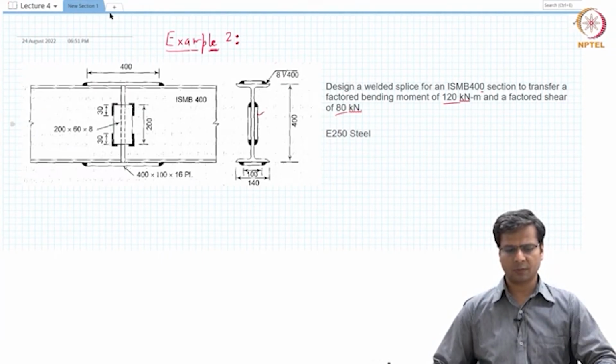We would have two plates, one on each side of the web, that will be fillet welded to the web right here. So splicing is basically where the beam is discontinuing. This is the line of discontinuity, and a splice is provided. So 4 such plates are provided, one on each flange and 2 on either side of the web. All right. Additional information is that the section ISMB 400 is made out of E250 steel, which has an ultimate stress of 410 MPa.